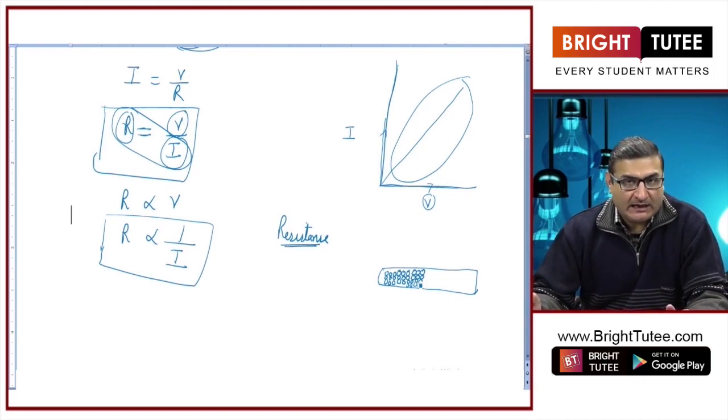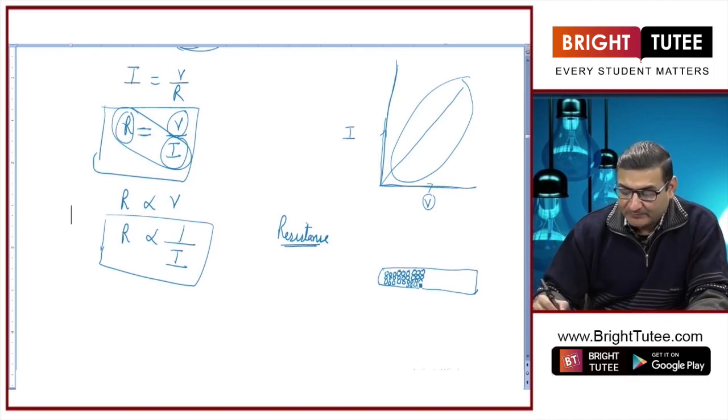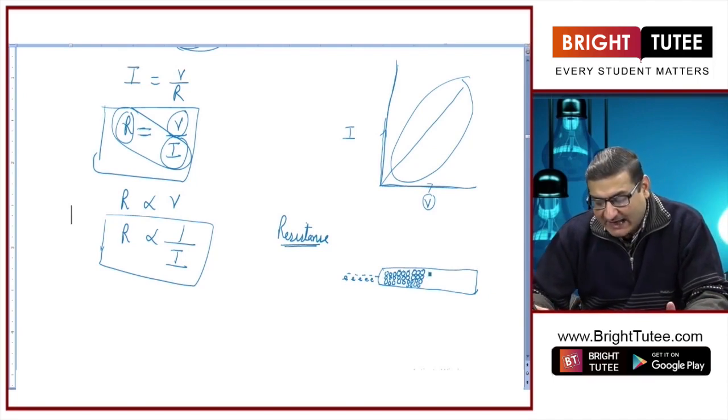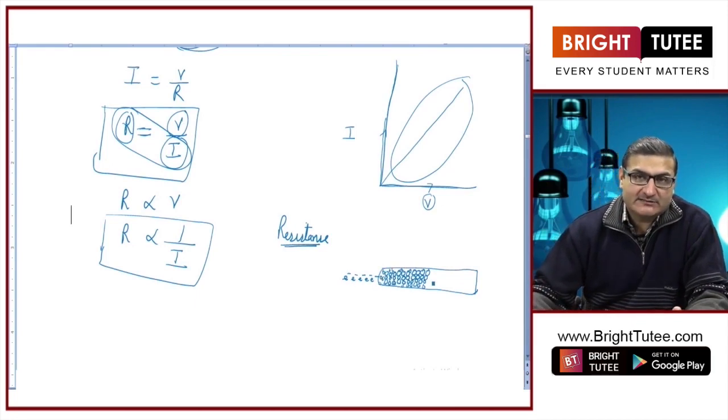Fine. Now, when we talk about current, the current means the flow of electrons. So, when the electrons try to flow through this substance, these atoms of the particular elements, they try to restrict the flow of these electrons.